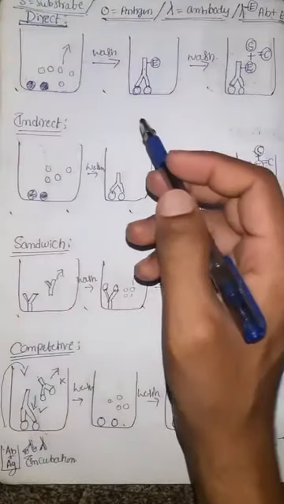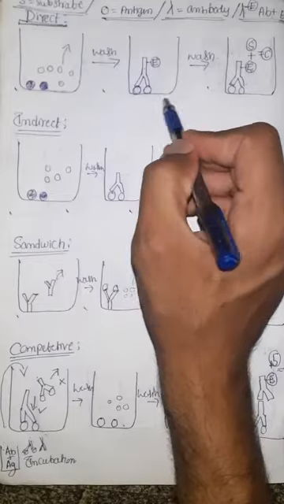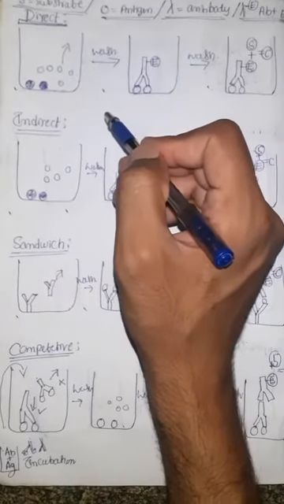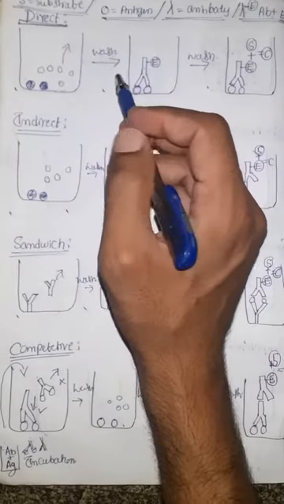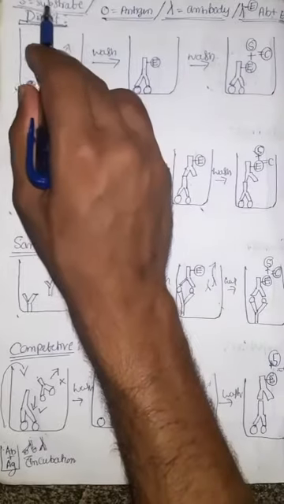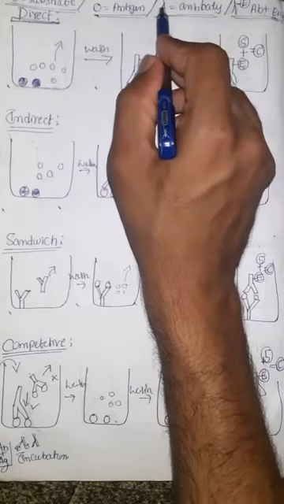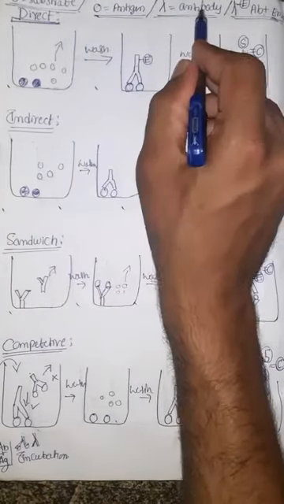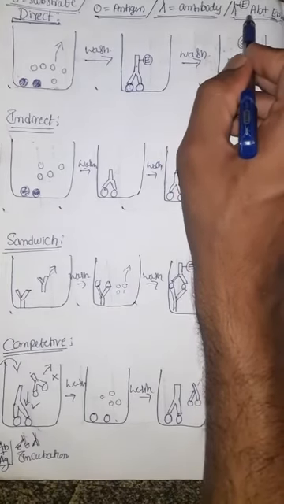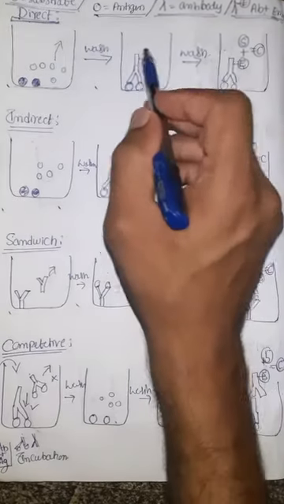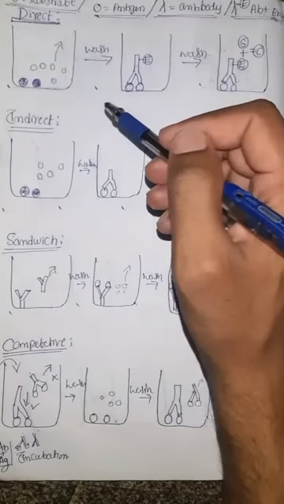Now we will see different ELISA test procedures with the help of these simple diagrams. Before that we will see the shortcuts we are using in this diagrammatic representation. Here S indicates substrate, this circle indicates antigen, this lambda indicates antibody, and the lambda and E complex indicates the antibody and enzyme complex.